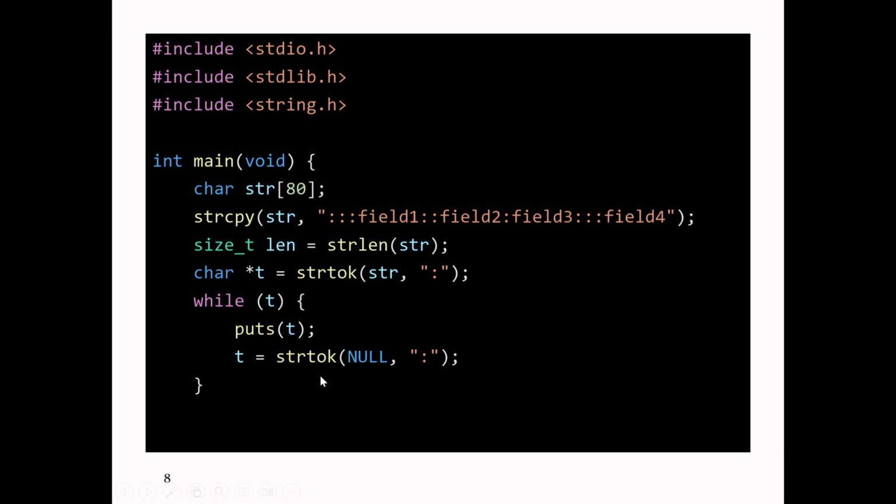I guess the question I have for you is, how does strtok remember where it was in the last call? So how do you write a function in C that has memory? What type of object would you need inside the function? So it has to be inside the function. So strtok must have something inside of it that remembers where the last character was.